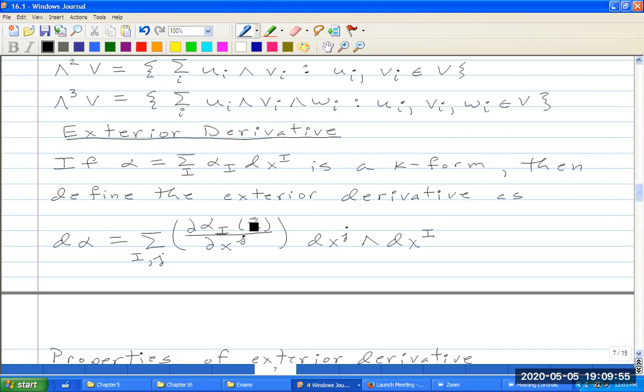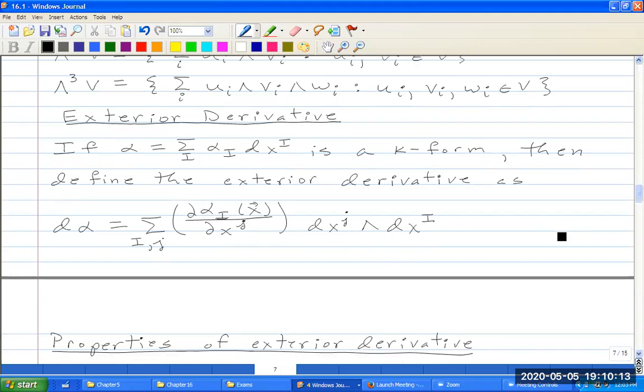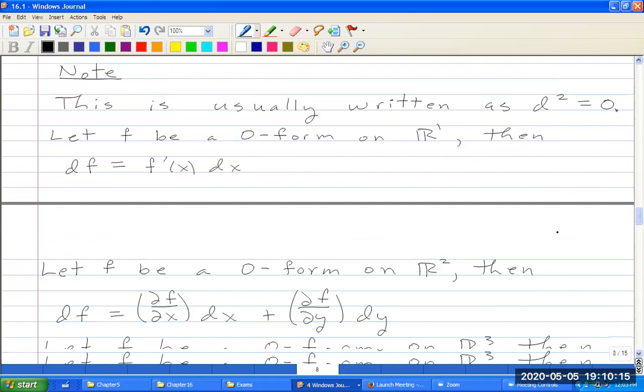So I took the partial with respect to each of the variables, and when I did that, I multiply by d of that variable, wedge everything else, wedge all those other d's of x's. Okay.